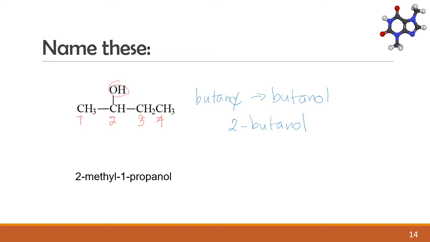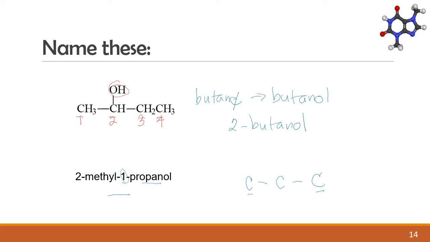Now let's try drawing this compound. We start by drawing the parent chain, which is propanol. Propanol has 3 carbons, so we draw 3 carbons here. The hydroxyl group is attached to carbon 1. We can have this as carbon 1 or this as carbon 1.